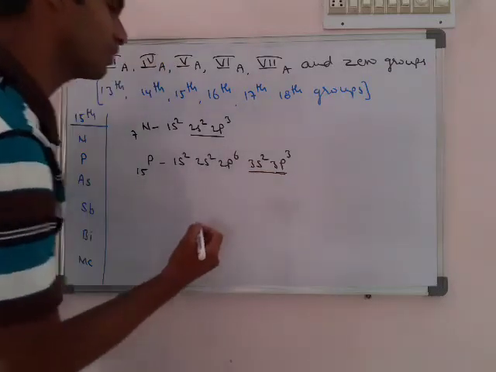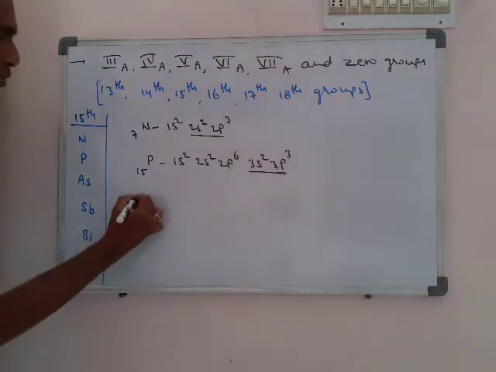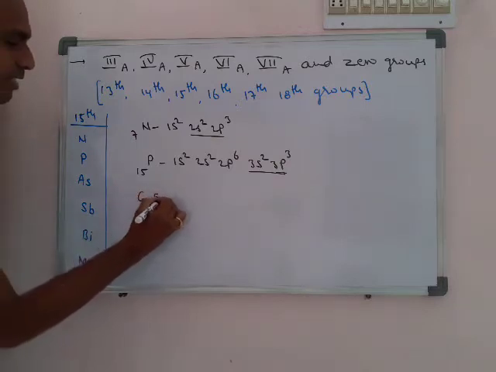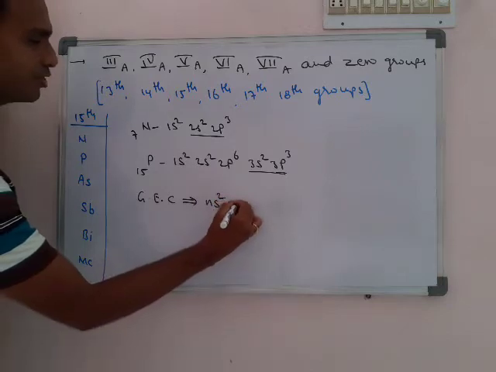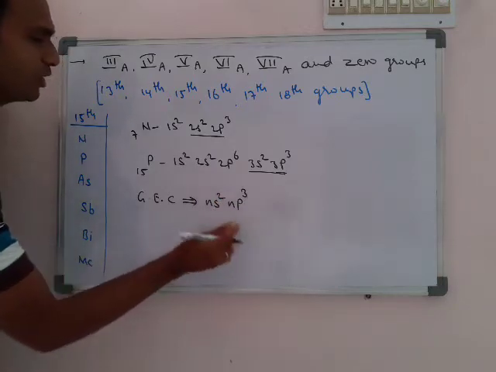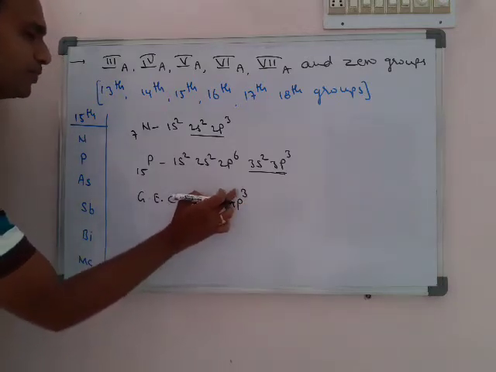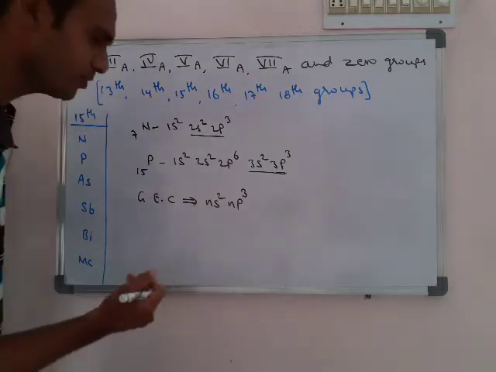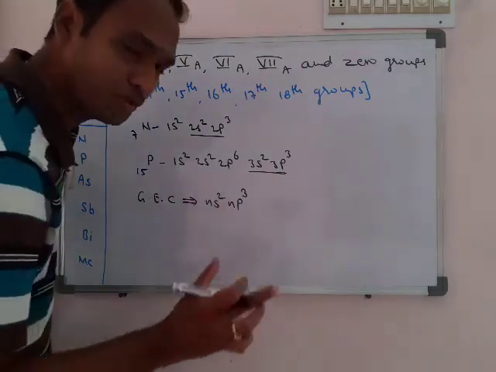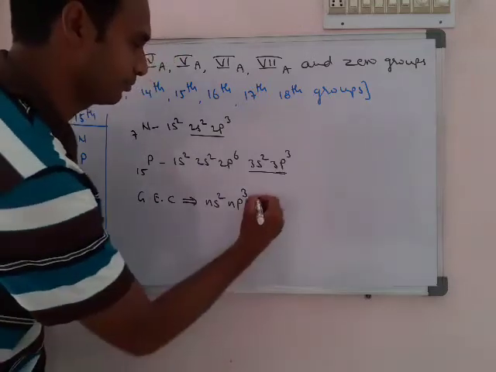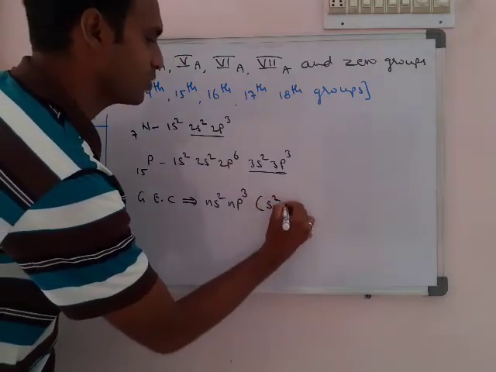The valency configuration is s2p3. So we can write the general valency electronic configuration as ns2 np3. So since it is the 15th group, remember it like this: 3 plus 2, 5. Simply, they are the 5A group elements, 3 plus 2, 5 electrons in the valency. We can write s2p3.